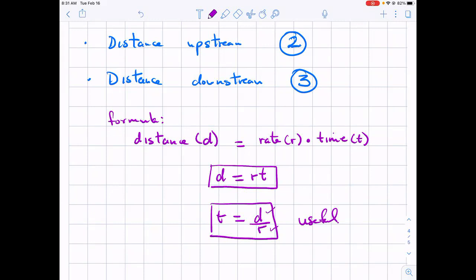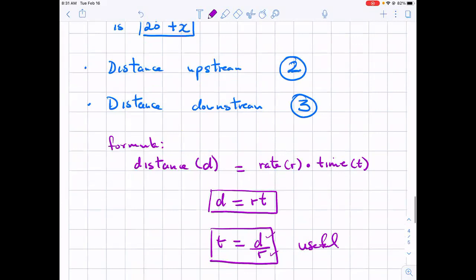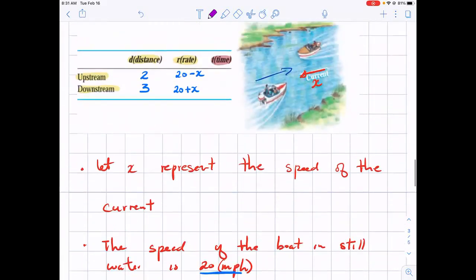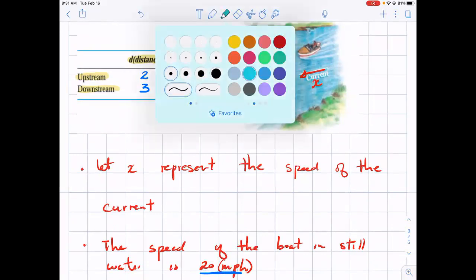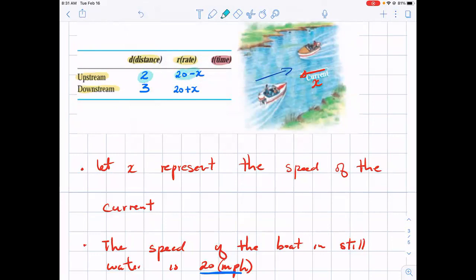So if we go back and look at our table, for the first part of the table here, the time would be 2 over 20 minus x. That will be the time for upstream. And for downstream, it will be 2 over 20 plus x.